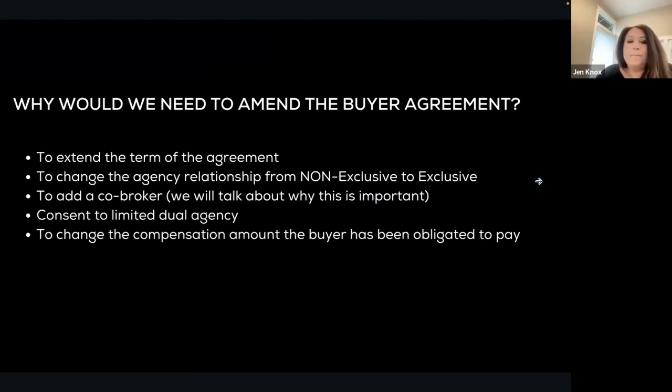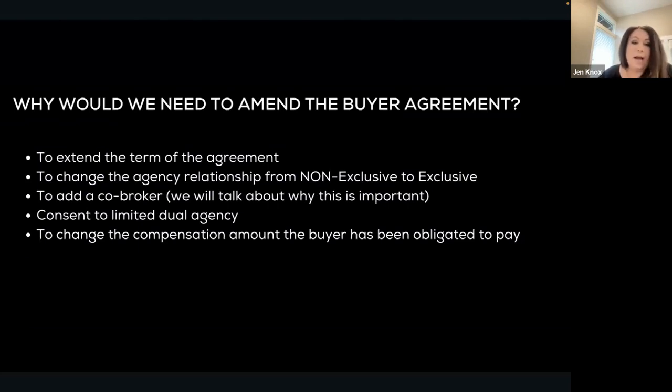Okay, so why do we need to amend the agreement in the first place? Well, basically, this agreement is going to be in place until it is either fulfilled or amended, right? So to amend it, we are going to be using that to extend the term, the length of time. We would use it to change an agency relationship from exclusive to non-exclusive.